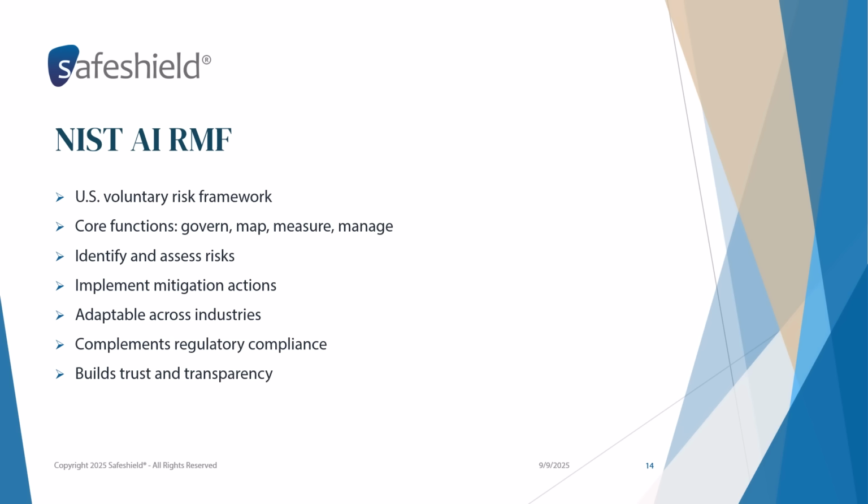The govern function focuses on establishing policies, roles, and responsibilities that embed accountability into AI projects. Map involves understanding the context, intended use, and potential impacts of AI systems. Measure emphasizes identifying and quantifying risks, such as bias or security vulnerabilities, through testing and evaluation. Manage requires organizations to take action to mitigate identified risks, including monitoring and corrective measures.